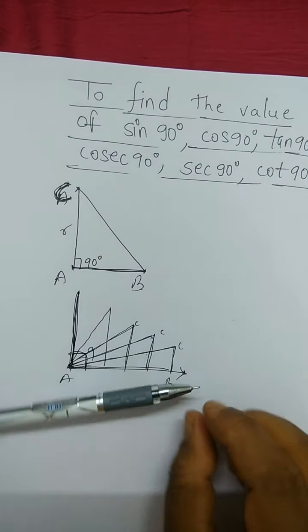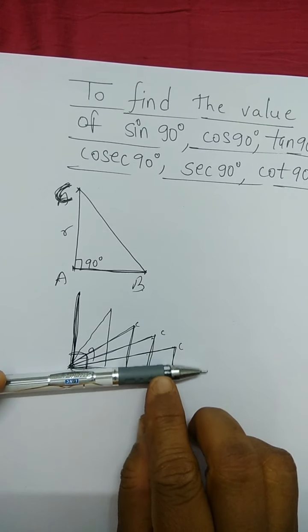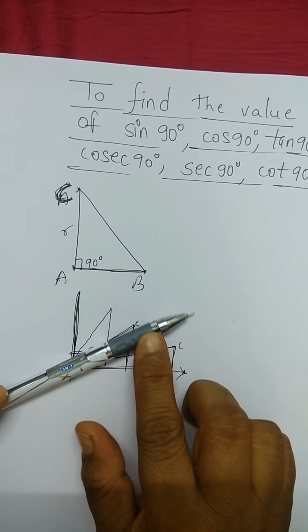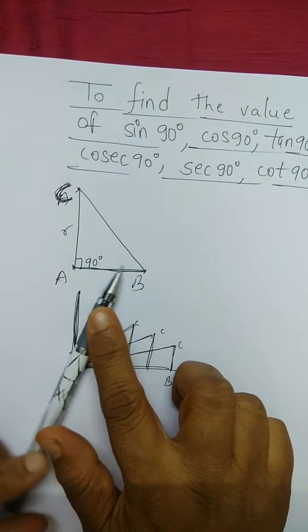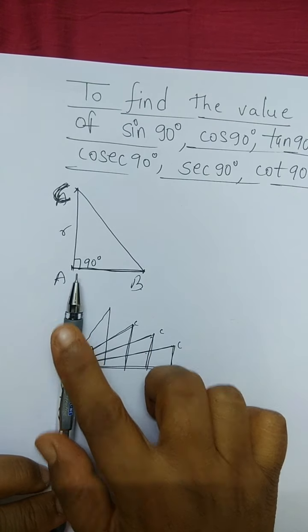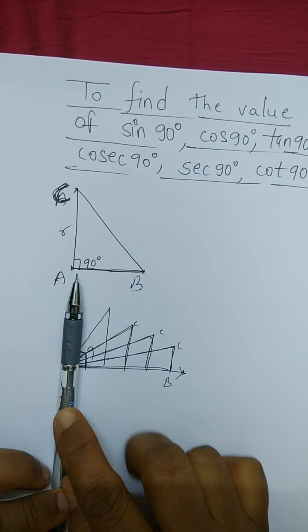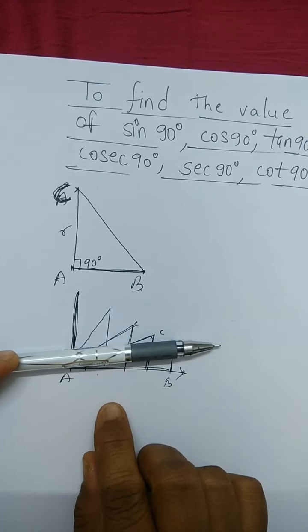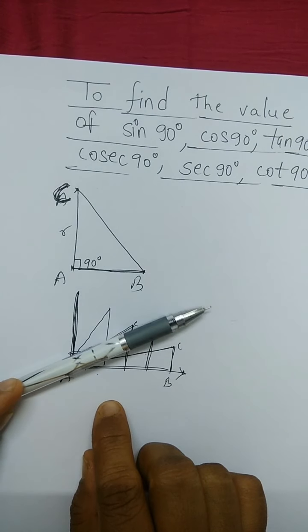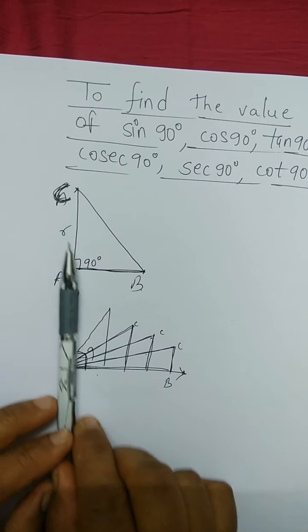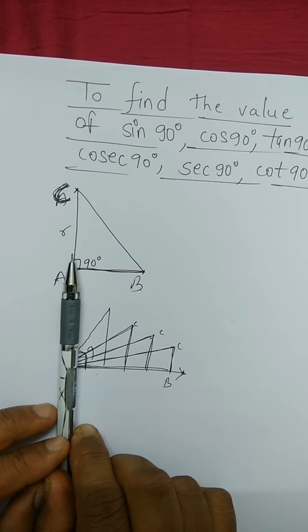It started now from here, suppose. Then like this, it is increasing, and like this it came to this side. So first the angle was small, then it became larger and larger, and it became 90-degree, isn't it?